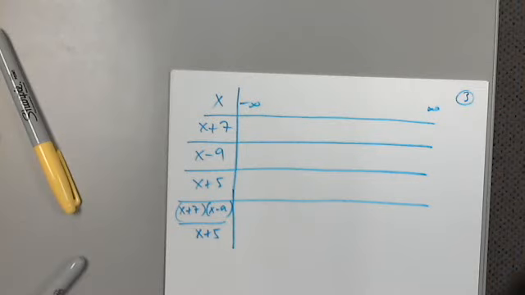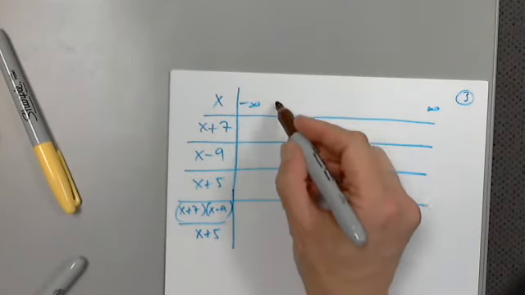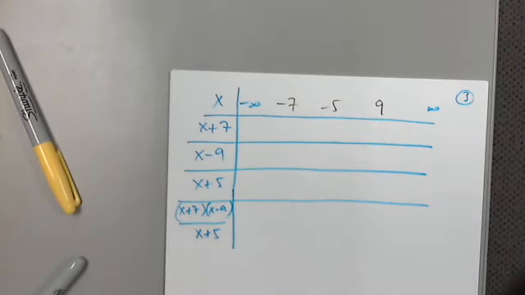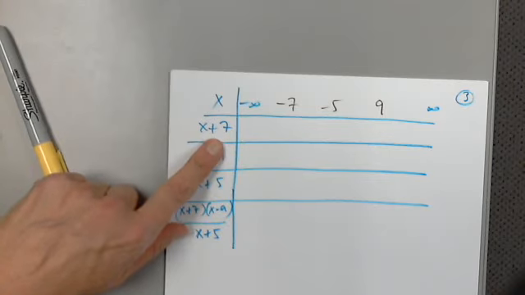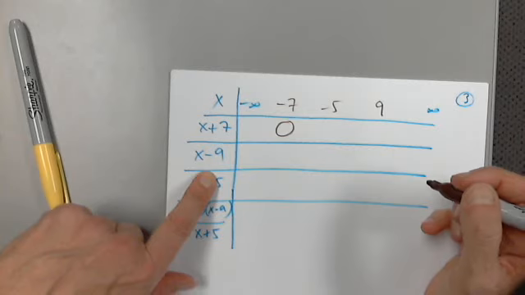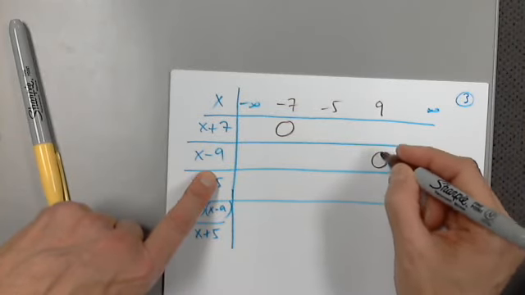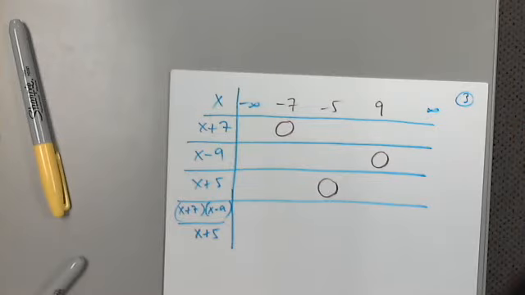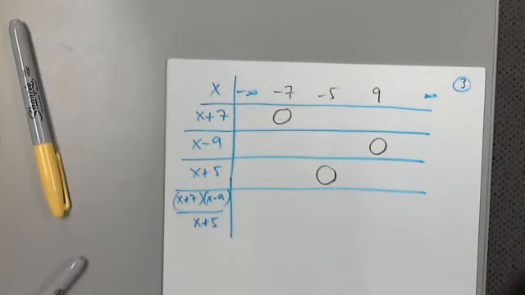Make sure that they are in ascending order, otherwise we mess up the solution. So from left to right, you will write perfect, perfect, good, awesome. So for x plus 7, you will write a 0 where? Perfect. And for x minus 9, and then here. Perfect. So then what happens under negative 7, under negative 5, and what happens under 9?